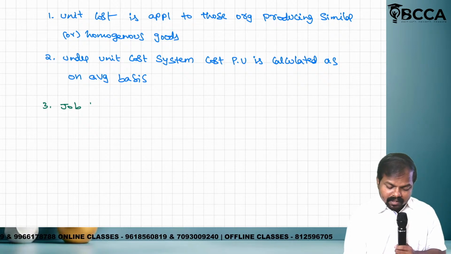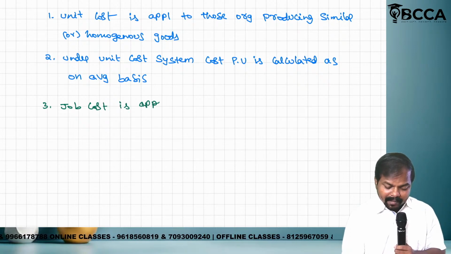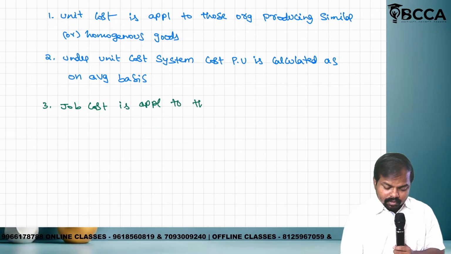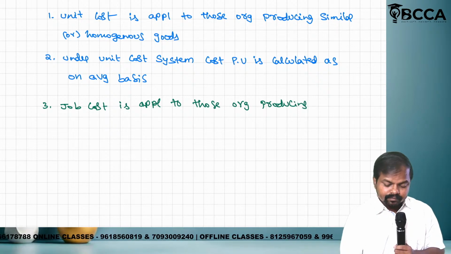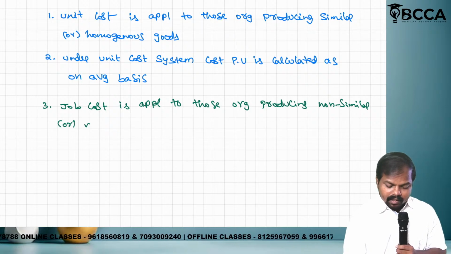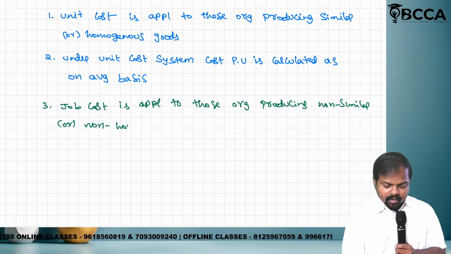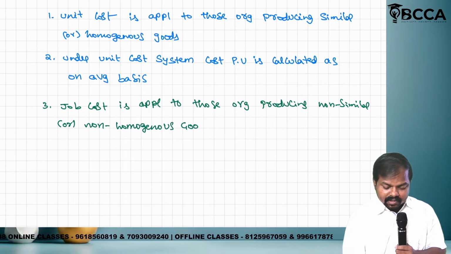Next, point number 3. Job cost is applicable to those organizations producing non-similar or non-homogeneous goods. Correct?